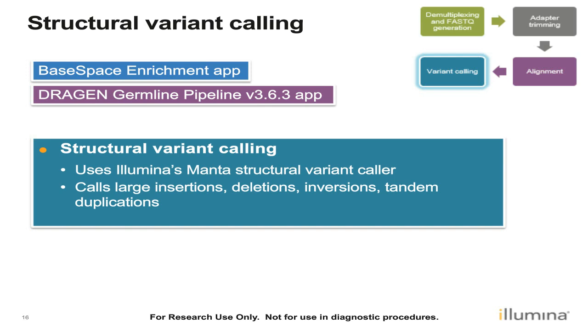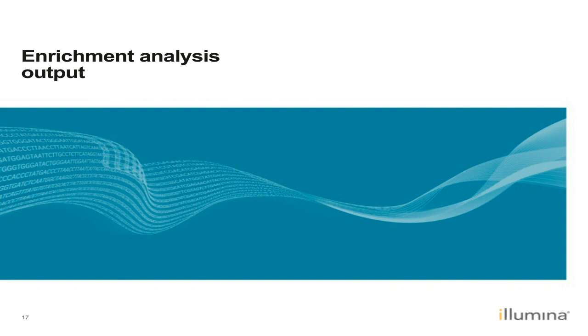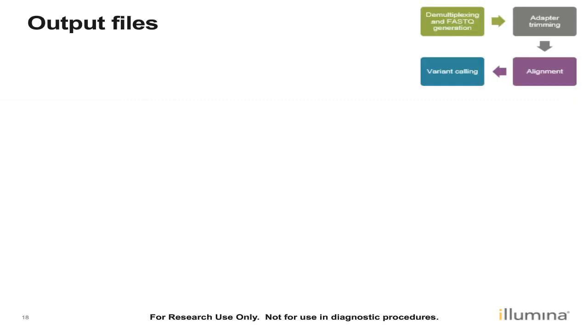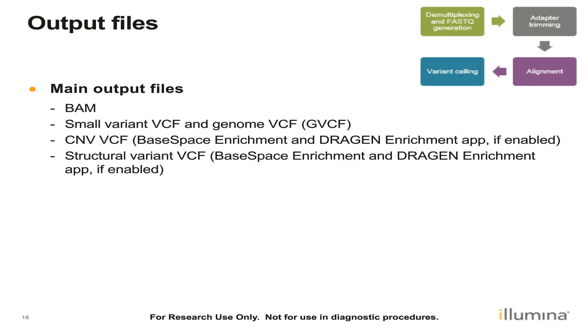Okay, so those are the different types of variant analyses going on in the background. And now we're going to take a look at some example outputs from these different analysis applications. Just to summarize again, we have our main output files, typically starting with your BAM file, so your alignment file that contains all those aligned pileups in reference to the genome that it was aligned to.